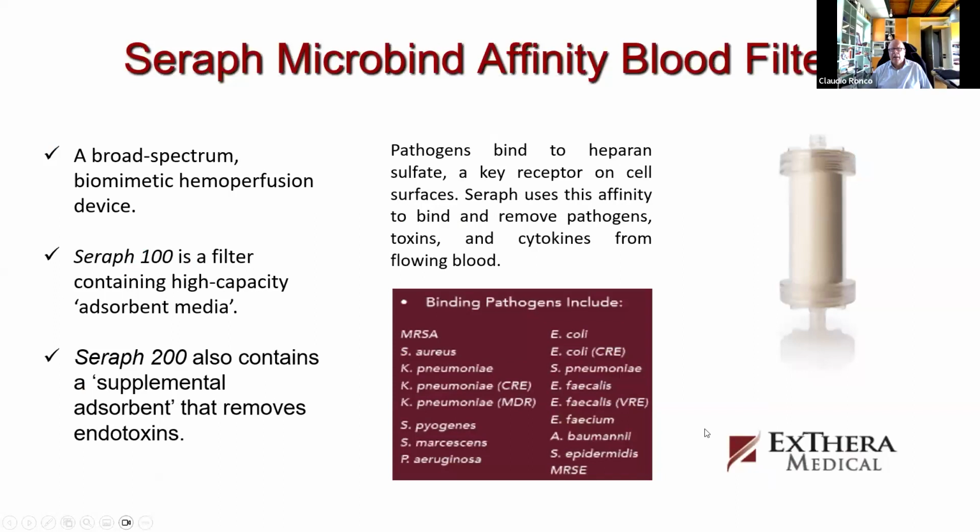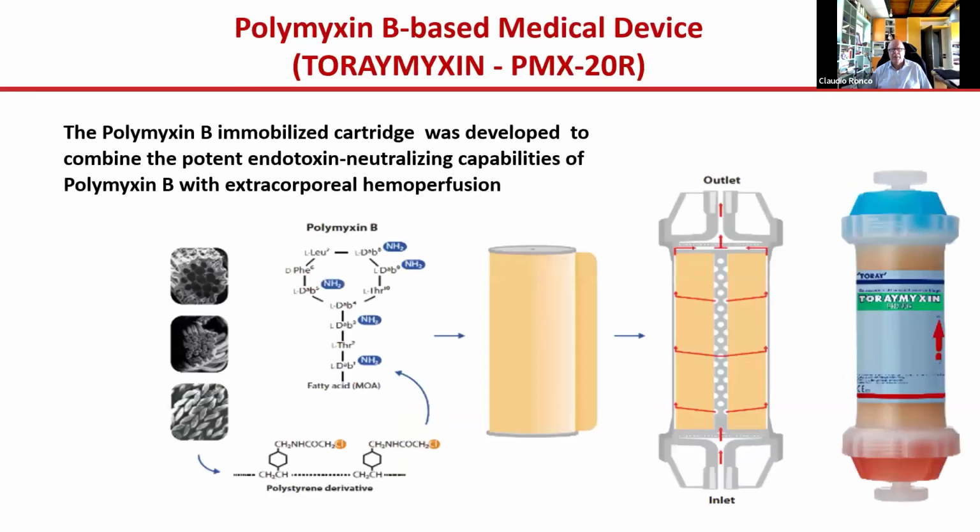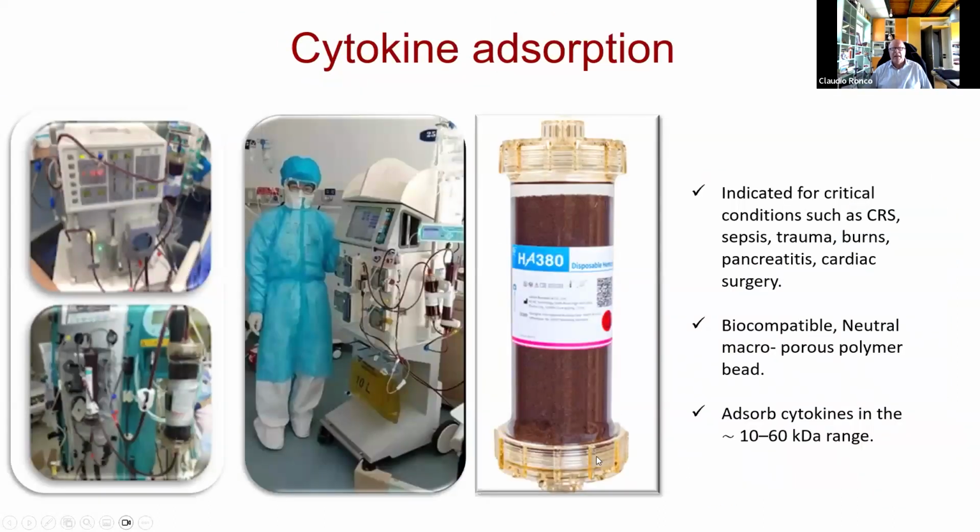Seraph is a column that somehow reproduces the heparan sulfate at the inner side of the endothelium that has shown high capacity to remove pathogens, bacteria, and viral particles. Polymyxin B-based medical devices like Toromyxin have shown high capacity to remove endotoxin and finally, cytokine adsorption can be achieved using the new resins with the characteristic of neutral macroporous structure.